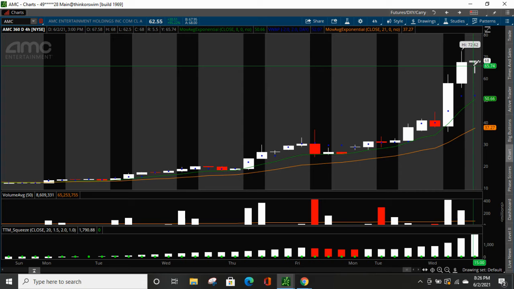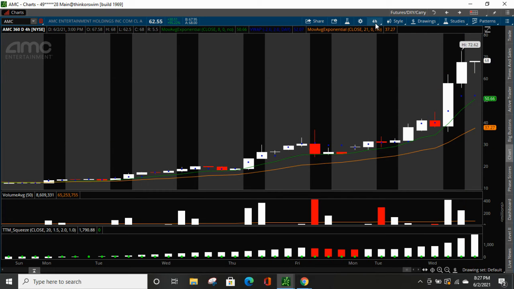Typically, when I'm trading off of here, I like to enter once the stock gets above VWAP, that heavy volume level, and when it's above the 8 and 21. So if I was to play AMC here, I probably would have had an entry right around here, when it started to hold above VWAP.